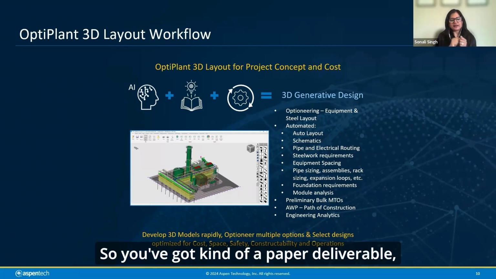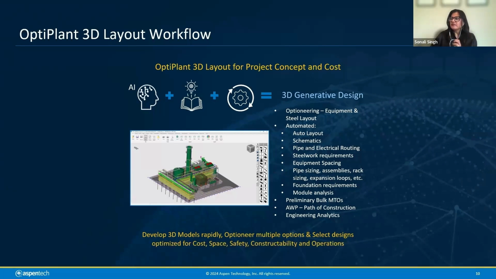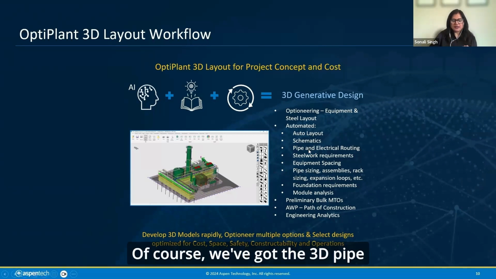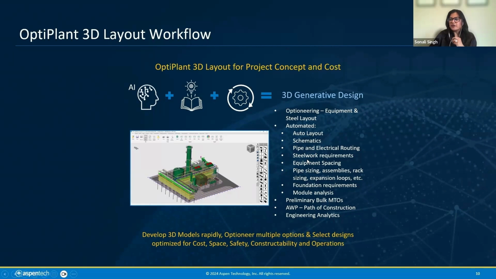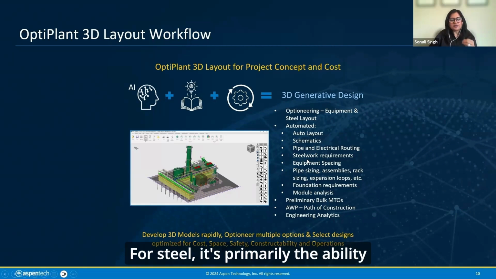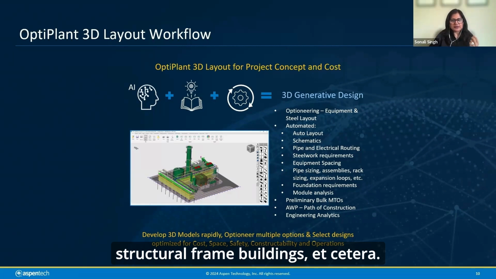So you've got a paper deliverable, a line drawing, a different view to validate what's actually in the model. Of course, we've got the 3D pipe and 3D cable tray and conduit auto routing. I'm going to show you that. For steel, it's primarily the ability to quickly model pipe racks, modular structures, structural frame buildings, etc.